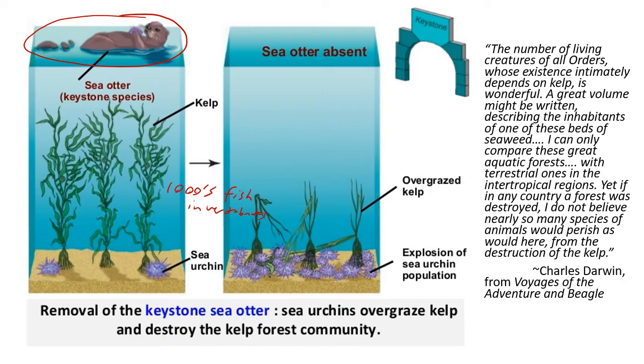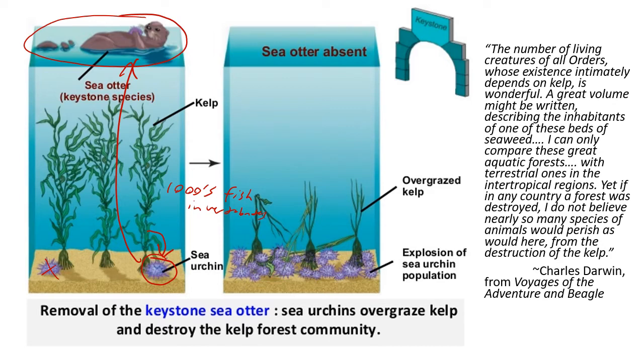It basically controls the population of sea urchin. It will eat the sea urchin, and they love the little sea urchins. Sea urchins eat kelp. That was a bad arrow if I'm showing a food web, or food chain. So sea urchins eat kelp, the sea otters eat the sea urchins. The more sea otters you have, the fewer sea urchins you're going to have.